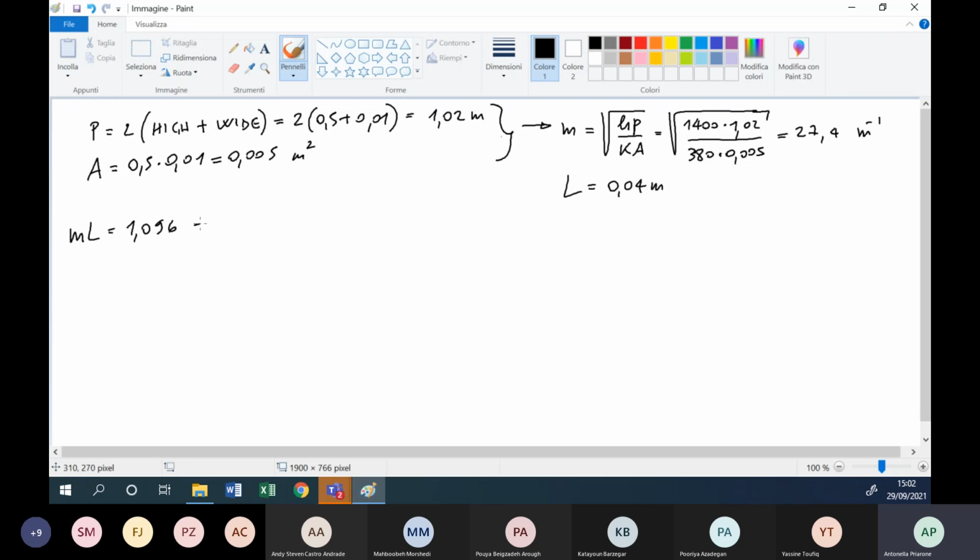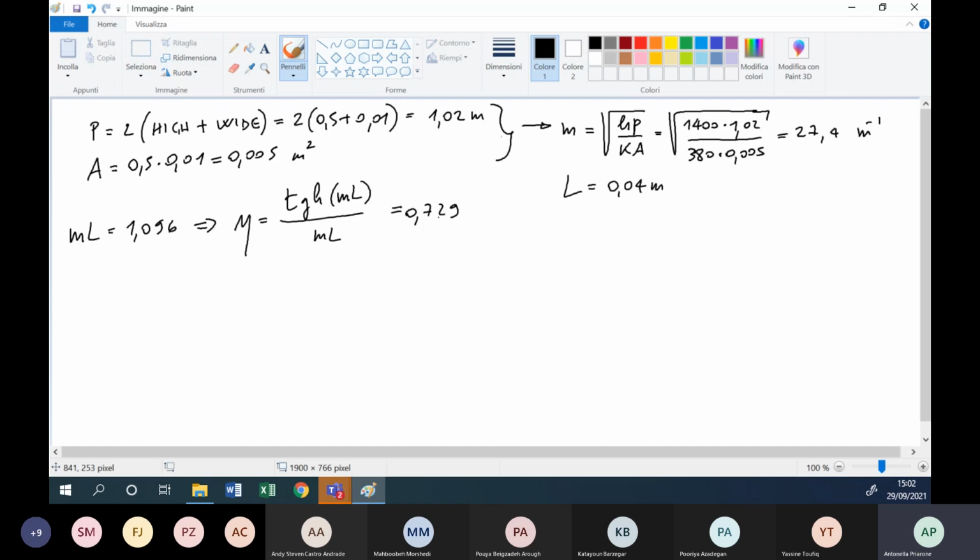If you remember, the expression for the efficiency for this type of geometry with the assumption of adiabatic fin tip was the hyperbolic tangent of mL divided by mL, and I obtain 0.729 as efficiency value.